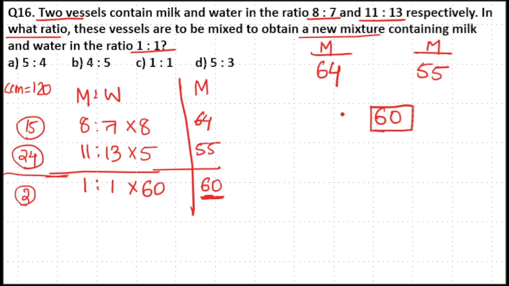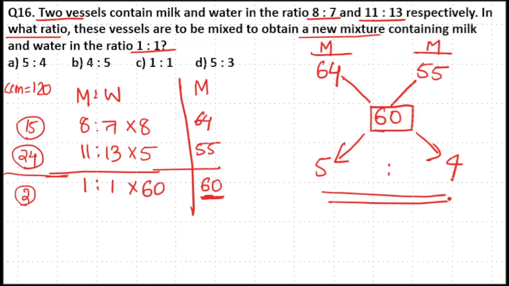So when you use alligation method, always subtract 60 from 64. That is 64 minus 60 is equal to 4. 60 minus 55 is equal to 5. That is 5:4 is your new ratio.